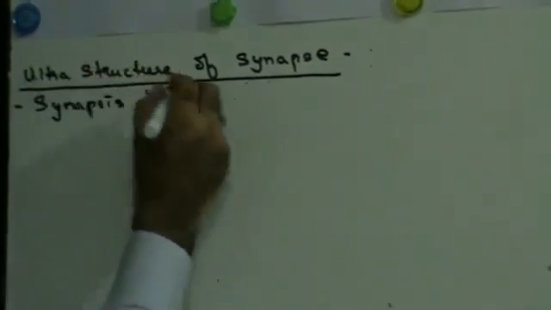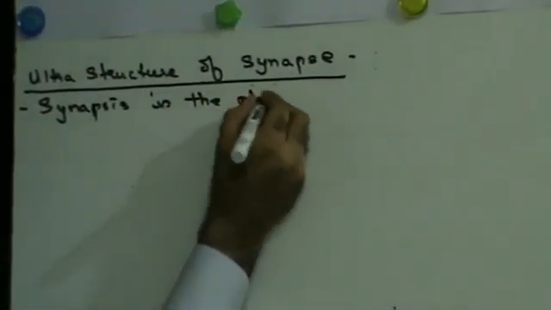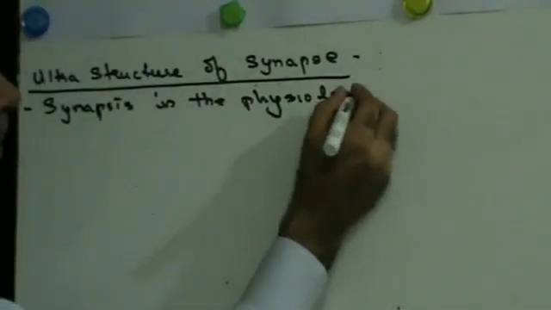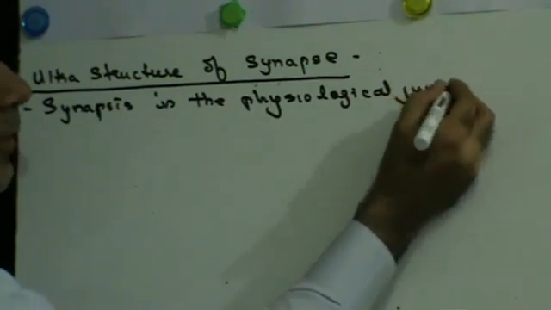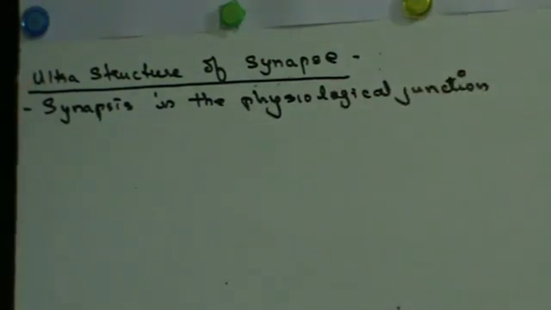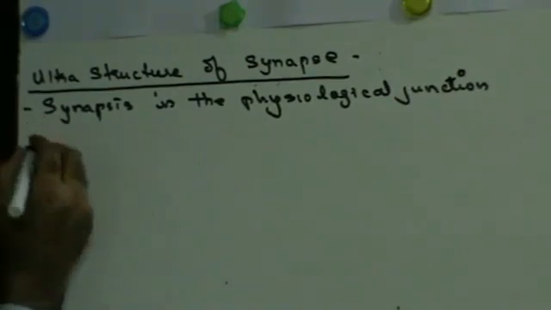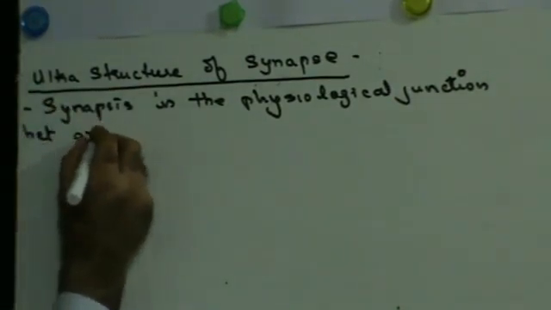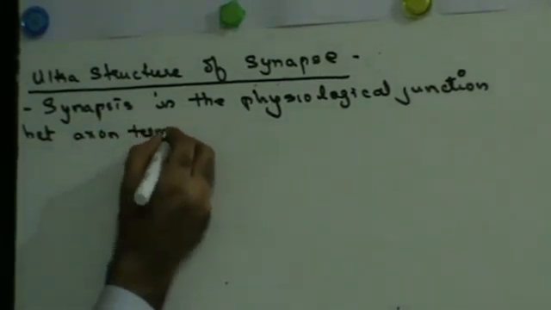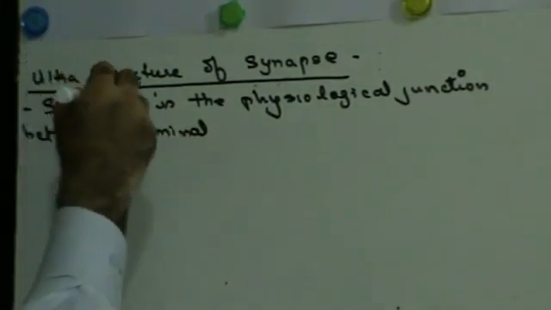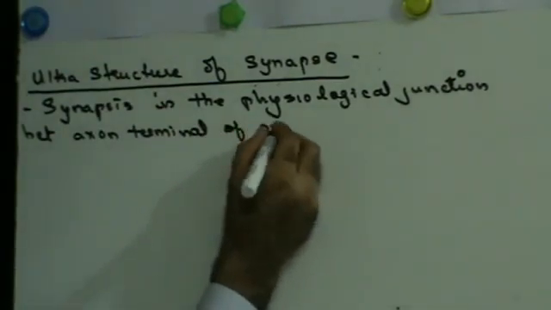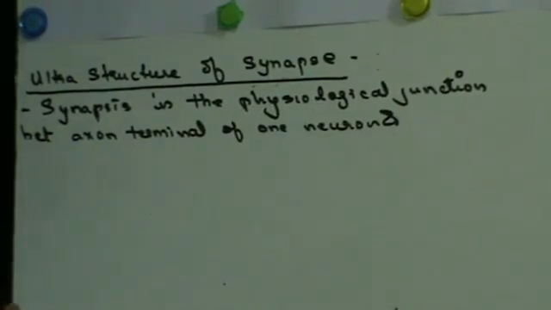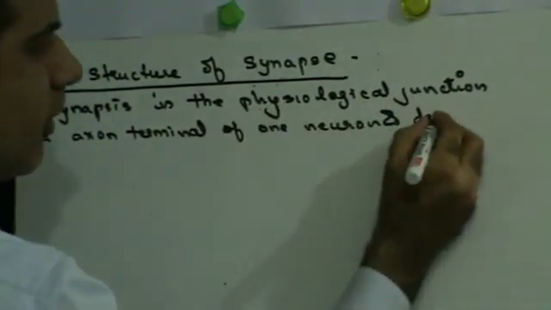Synapse is the physiological junction between the axon terminal of one neuron and the dendrite of the other neuron.